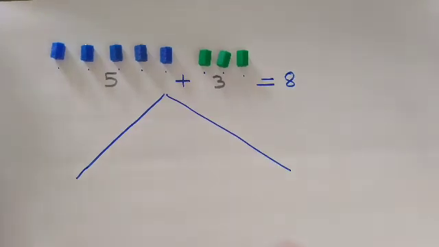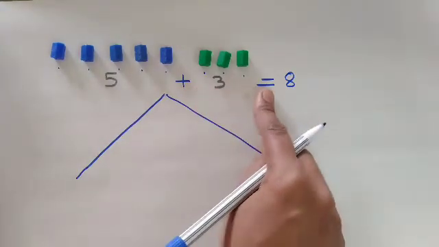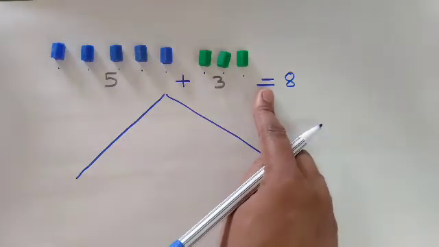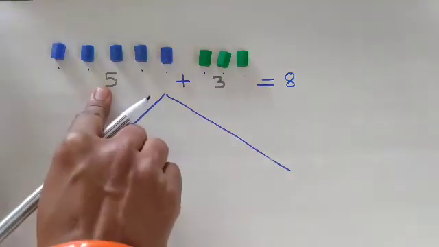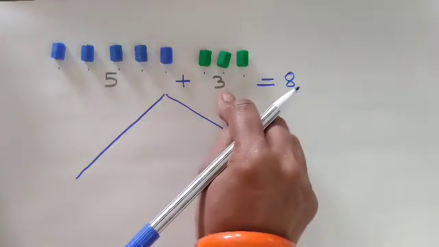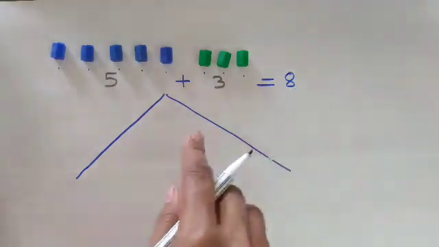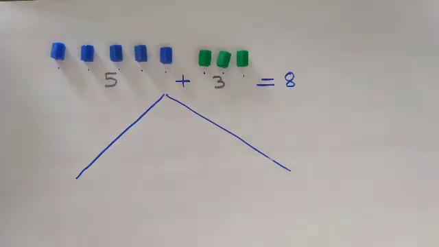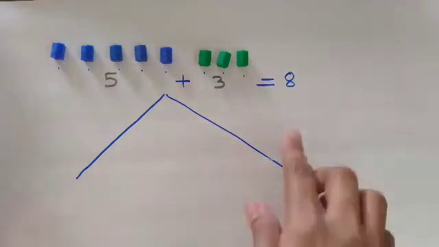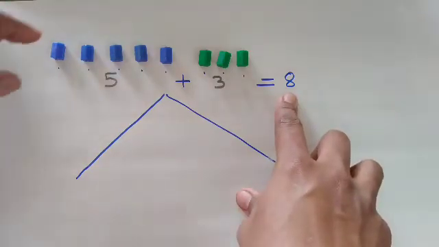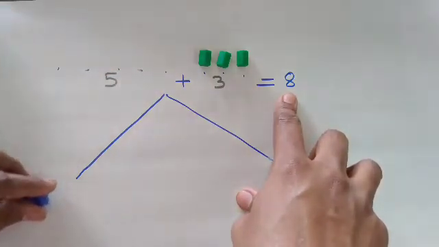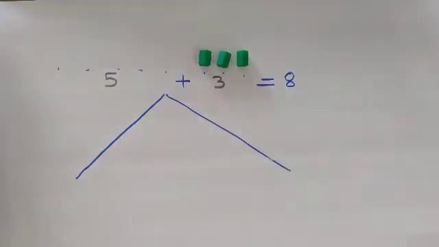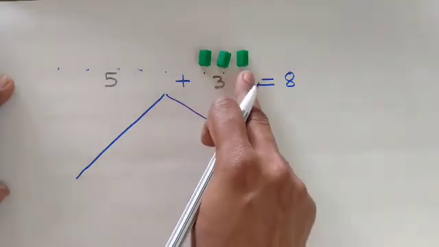Here we have learned 5 plus 3 equals 8. Means here we have 5 blue blocks and 3 green blocks, and the total blocks are 8. From these 8 blocks, if you take out 5 blue blocks, how many blocks are left here, children? Yes, 1, 2, 3.